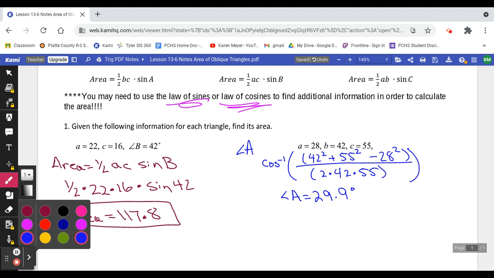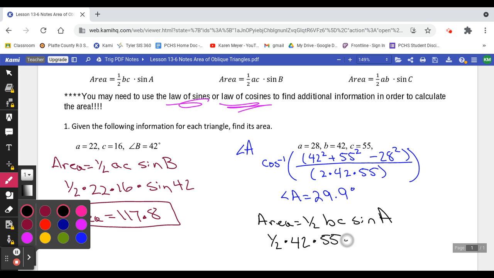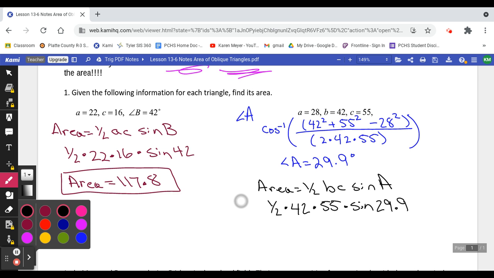So now that I know angle A, I'm going to use the first area formula. I'm going to use area equals 1/2 bc sine of big A. So 1/2 times little b, which is 42, times little c, which is 55, times the sine of big A, which is 29.9.